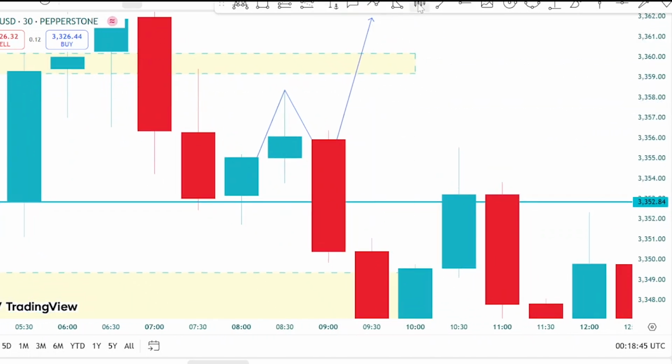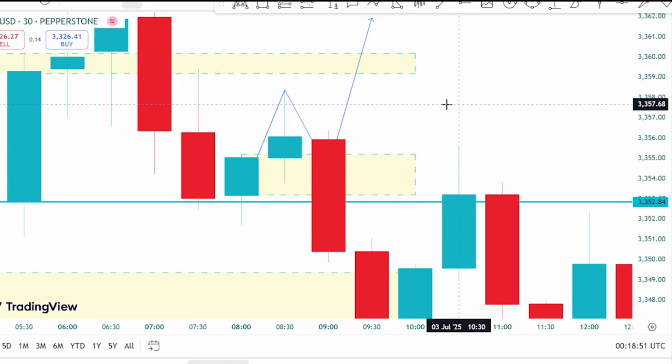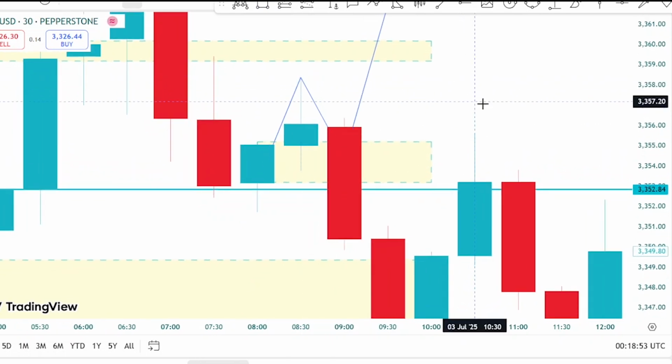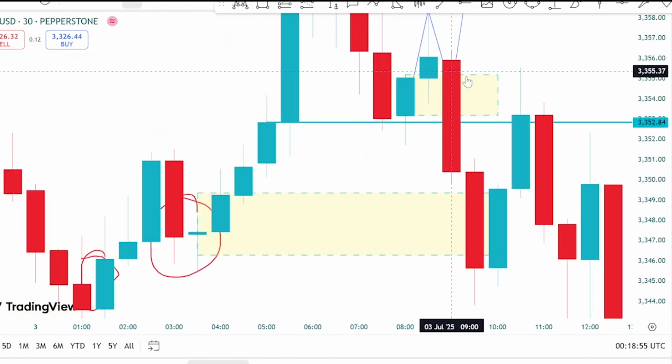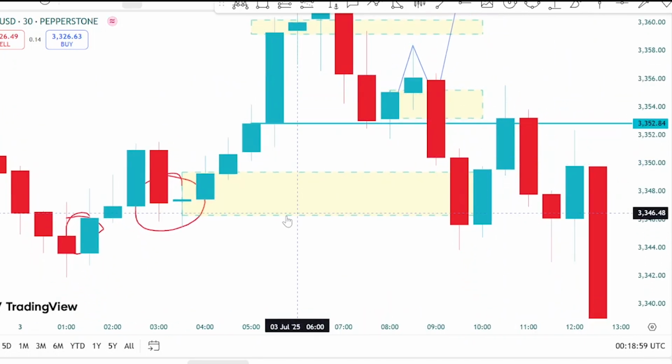Then you start looking to buy from this area, this one. Then what happened? We rejected from this area. We moved down from the area we're expecting to be taking a buy from.